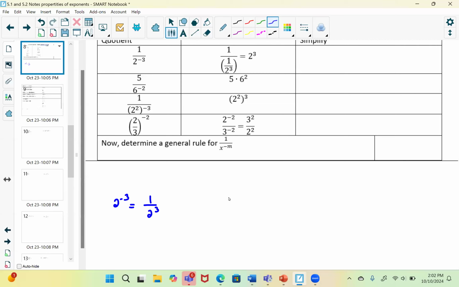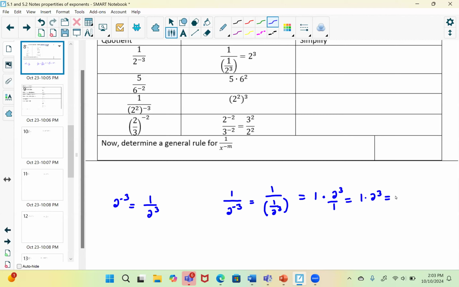Okay, so if I have 1 divided by 2 to the negative third, that is the same as 1 divided by 1 over 2 cubed, because these are equivalent. And if we think back to how we did fractions, if I divide by a fraction, I multiply by the reciprocal. The reciprocal of 1 over 2 cubed is 2 cubed over 1, and anything divided by 1 is just itself.